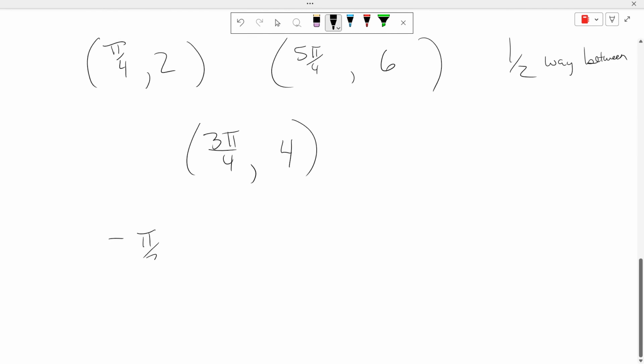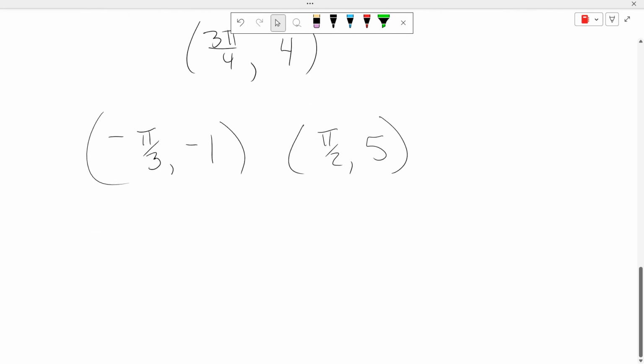Negative pi over 3, negative 1, and pi over 2, 5. What point is halfway in between there? Well, you add them up and divide by 2, right? If you add these up, negative pi over 3 plus pi over 2, what's the common denominator? 6.